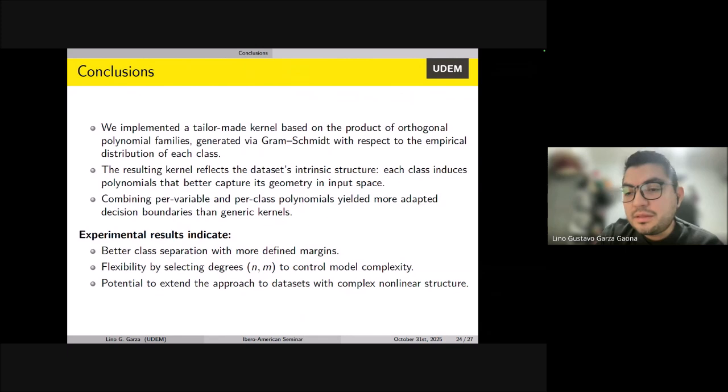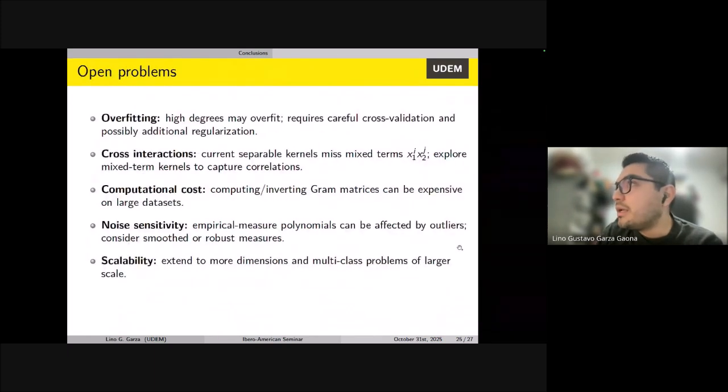Maybe, Luis especially, was thinking about using multivariate orthogonal polynomials, and we're still working on that. But for now, I think this is all. Let me just talk about some open problems we can see.